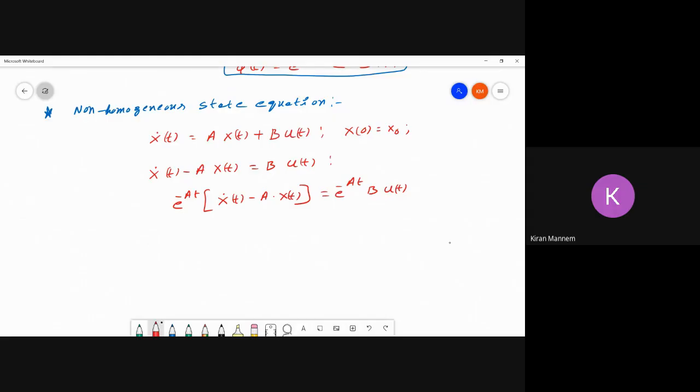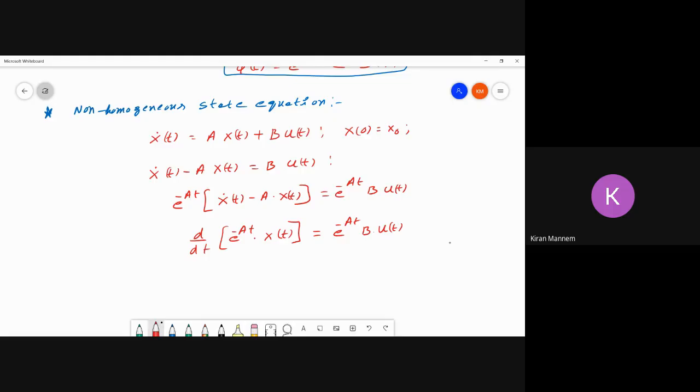Now I can write this equation as d by dt of e power minus at into x of t, which is equal to e power minus at into B into u of t. If you do this, you will get the above equation.